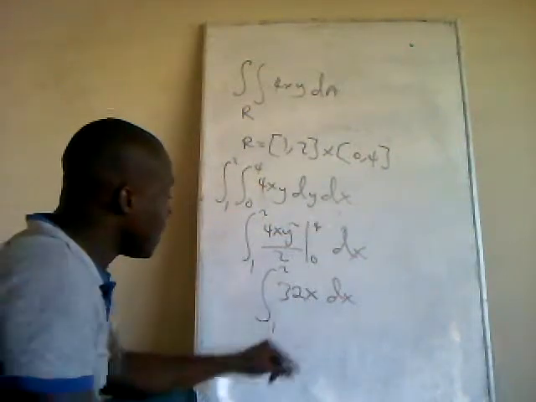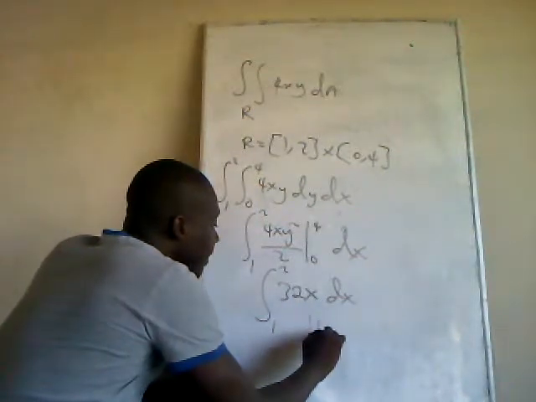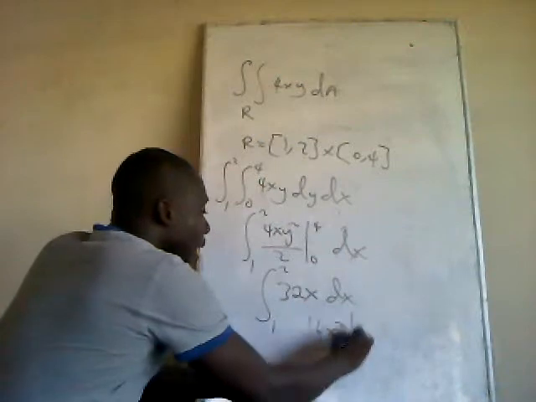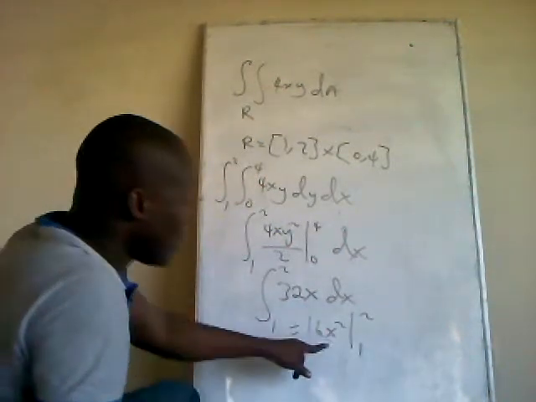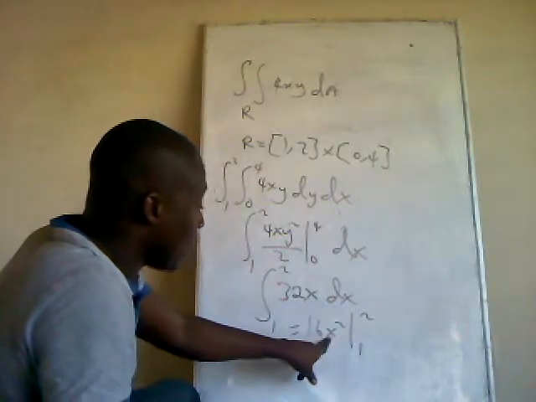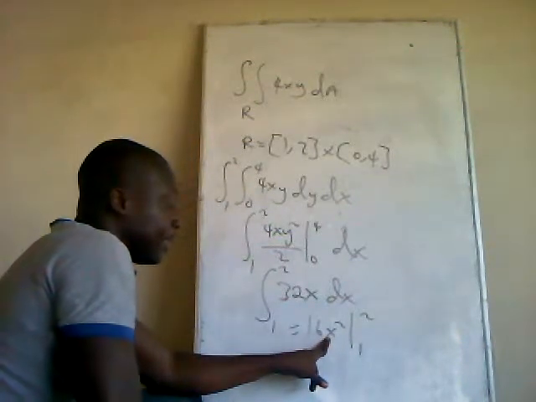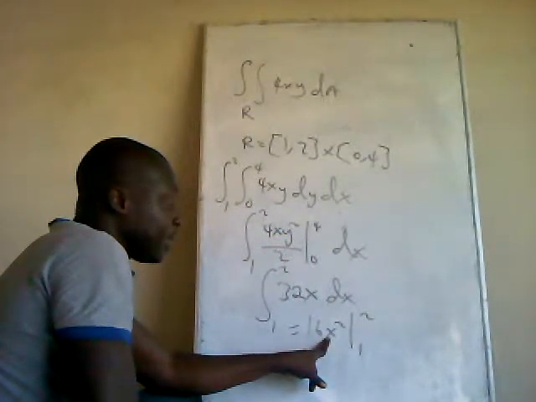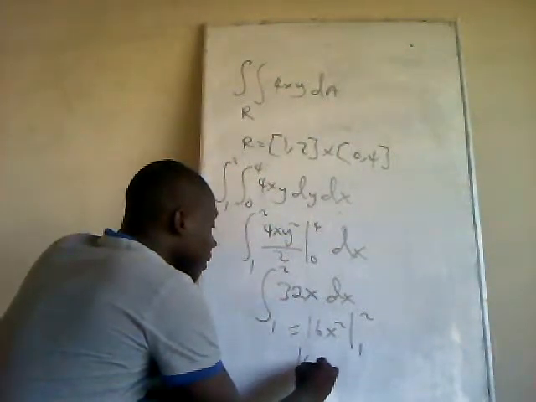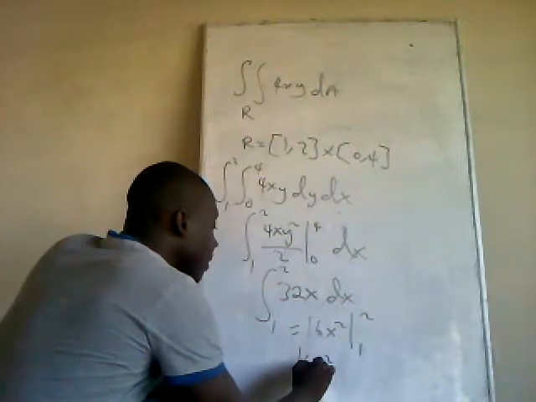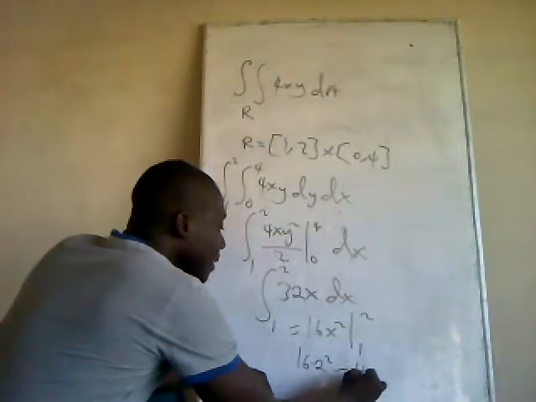When I integrate this, I'm going to get 16x squared at 1 and 2. So I'm going to get here 16 times 2 squared minus 16 times 1.